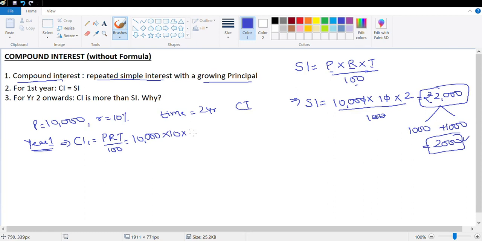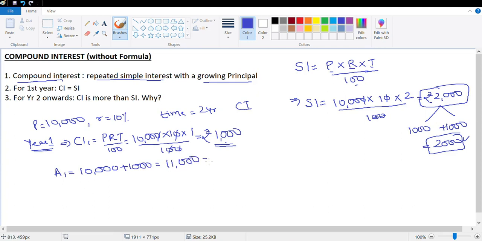This is for the first year, which means we're looking at 1 year upon 100, which is equal to rupees 1000. But at the end of 1 year, this interest gets added to the principal. So amount at the end of 1 year would be principal at the beginning plus interest for that year, which is equal to 11,000 rupees.